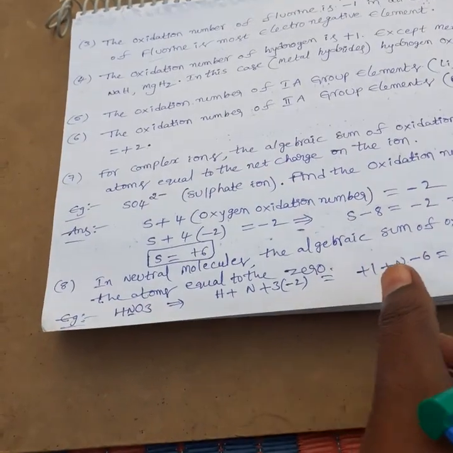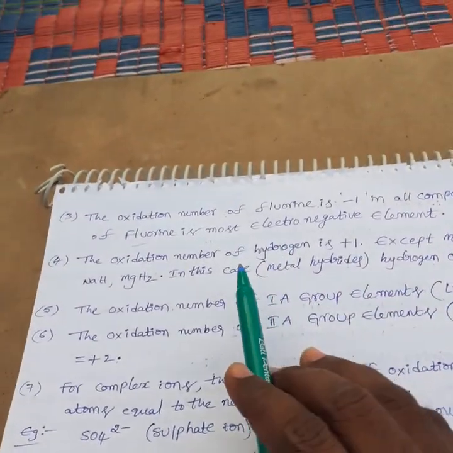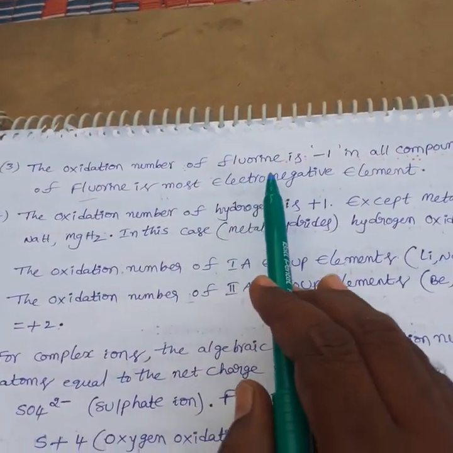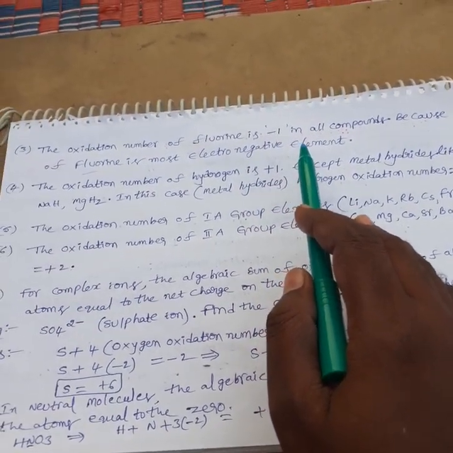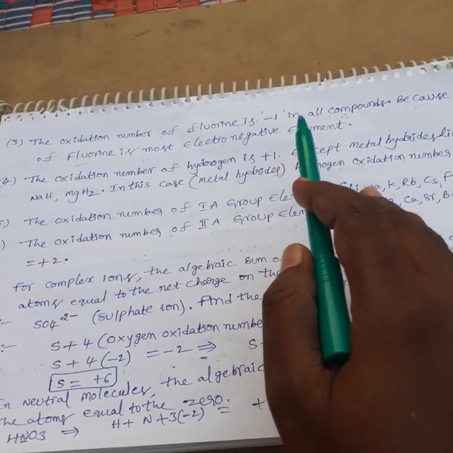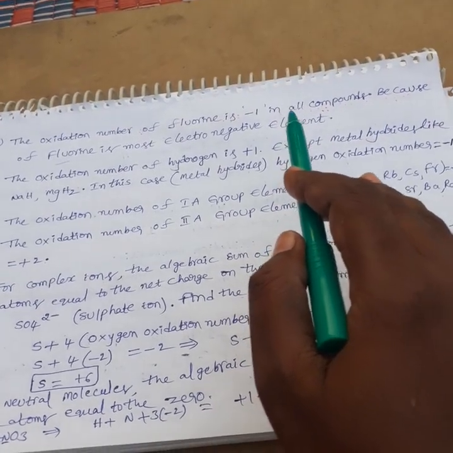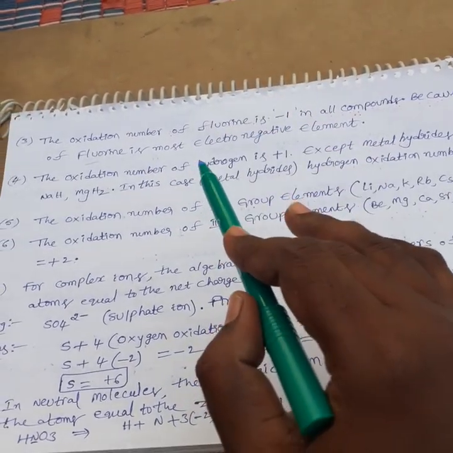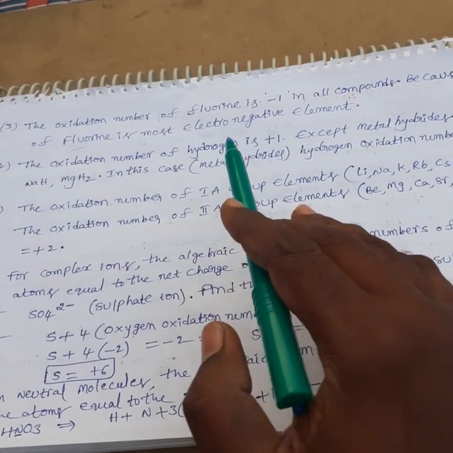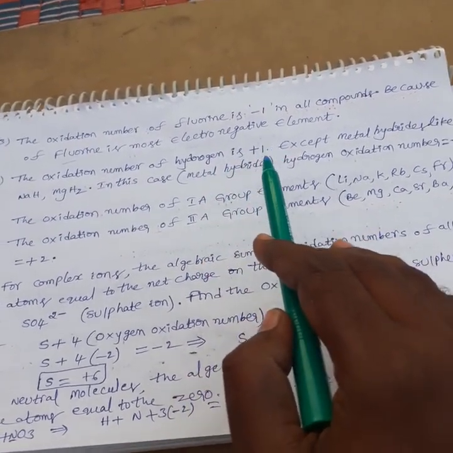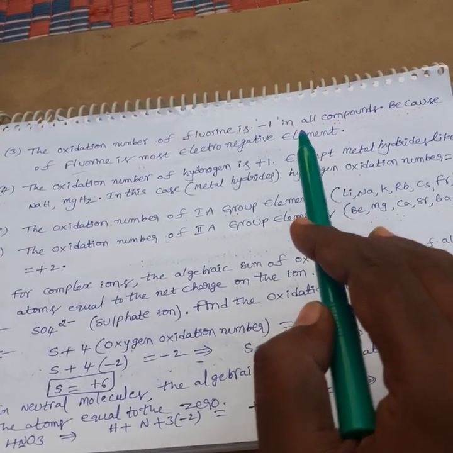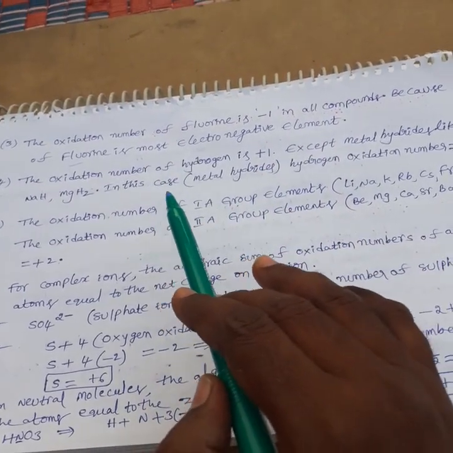After this, the third one: the oxidation number of fluorine in any compound is -1, because fluorine is the most electronegative element in the periodic table. And the oxidation number of hydrogen is +1 in all hydrides except metal hydrides like sodium hydride and magnesium hydride.